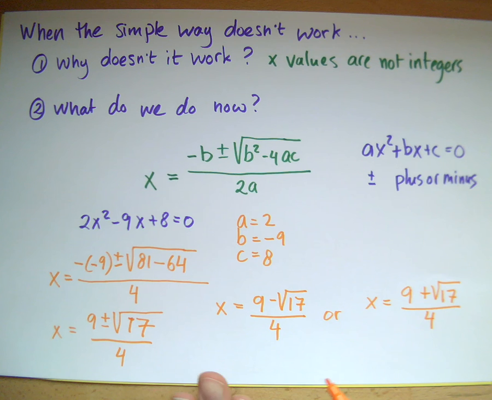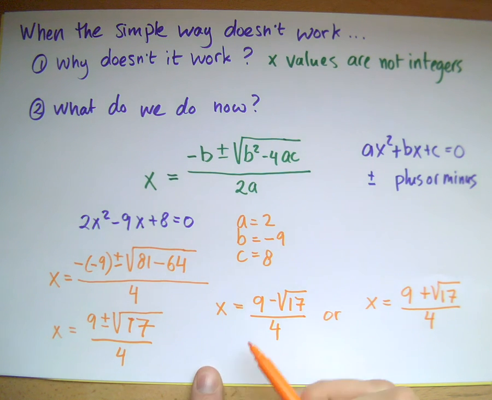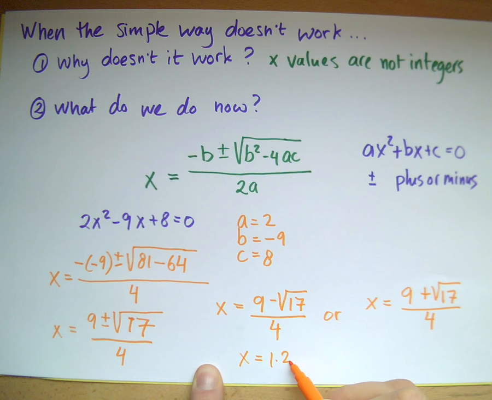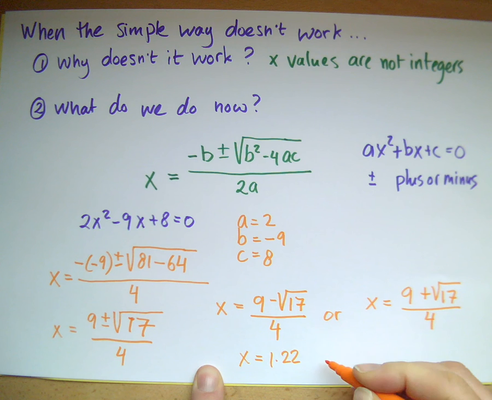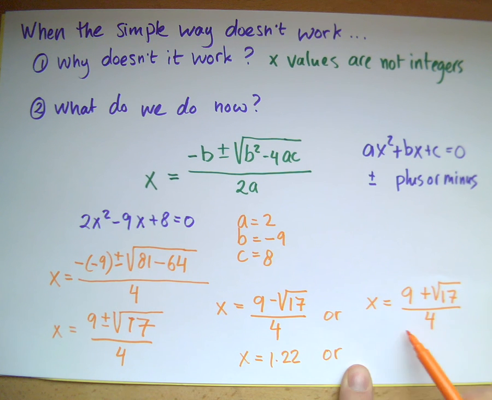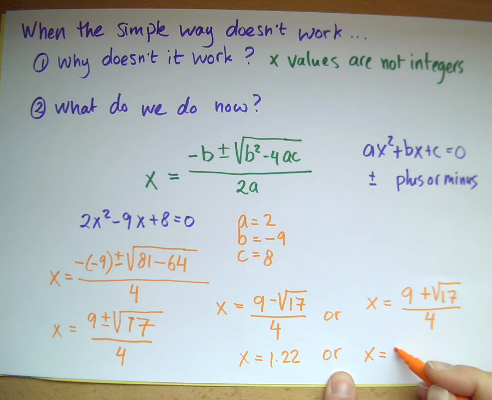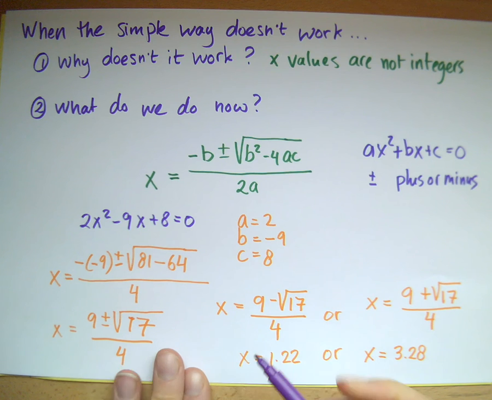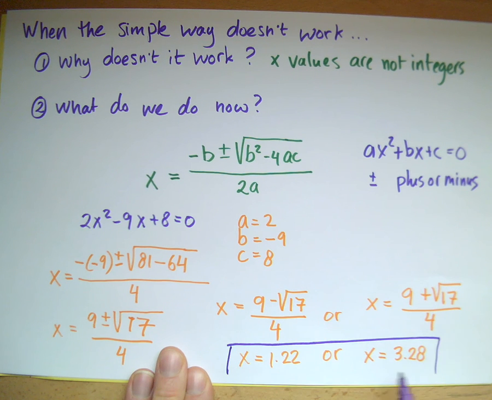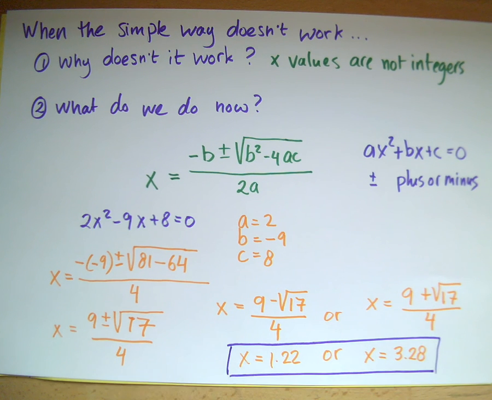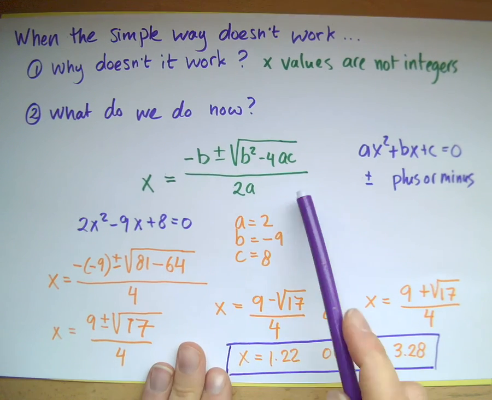When you plug all of this into your calculator, you will see that here x will equal 1.22, and that's rounded to 2 decimal points. If you plug this into your calculator, you will get x equals 3.28. And this would be your final answer for this question. So you just plug in a, b, and c into this equation.